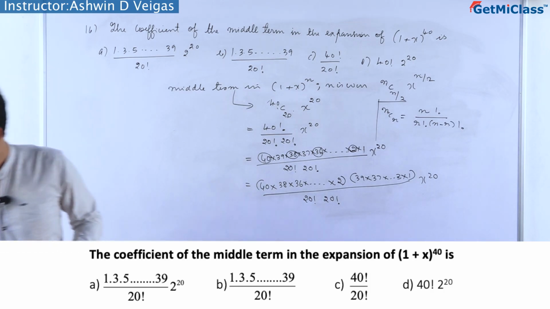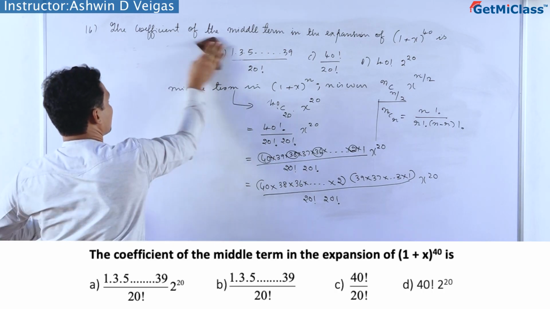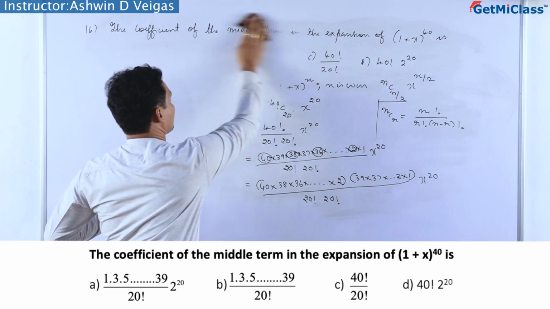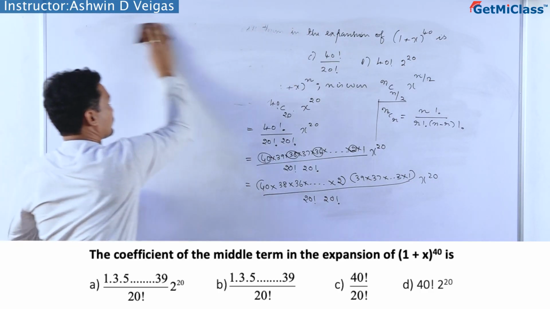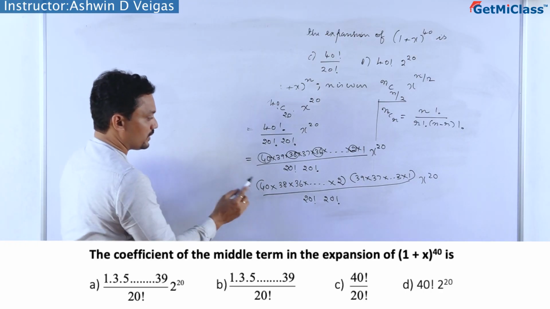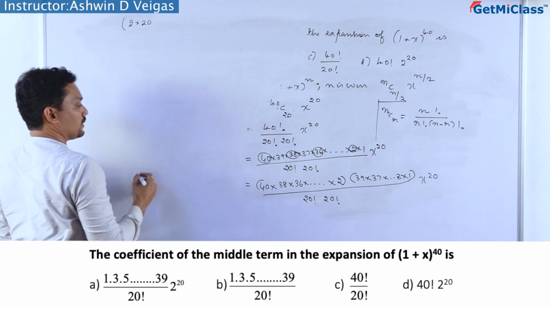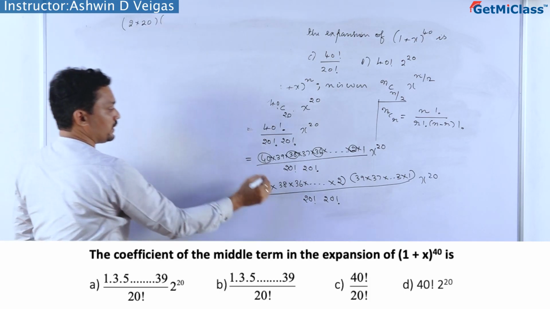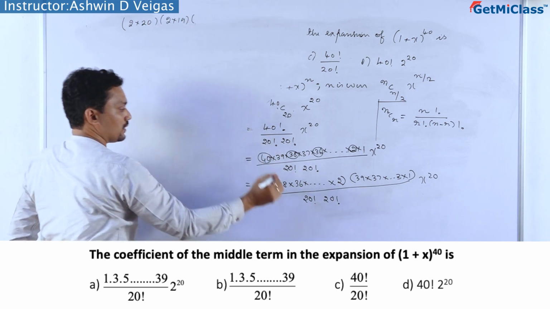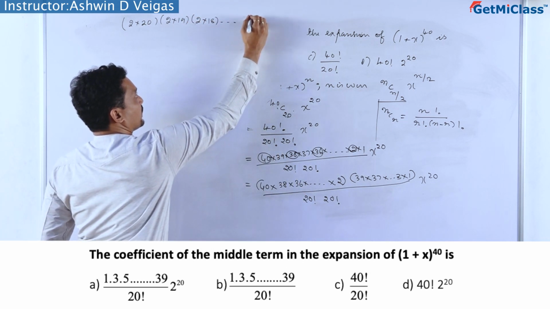Okay, now I am just going to continue it here. From this, 40, I write as 2 into 20, 38 as 2 into 19, 36 as 2 into 18, like this.